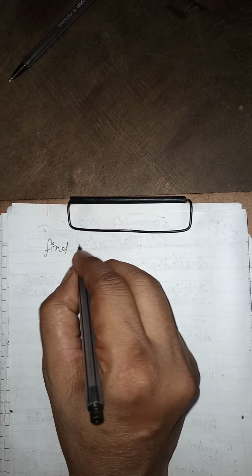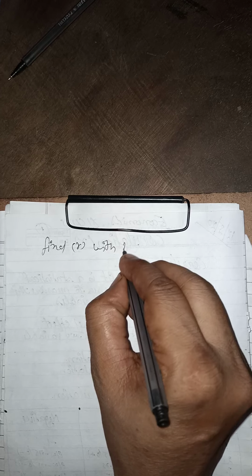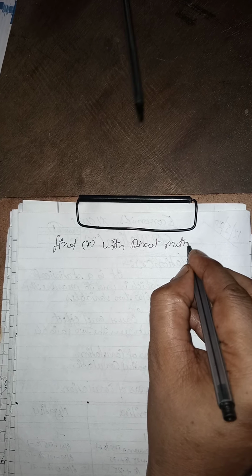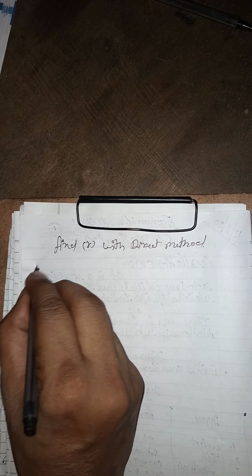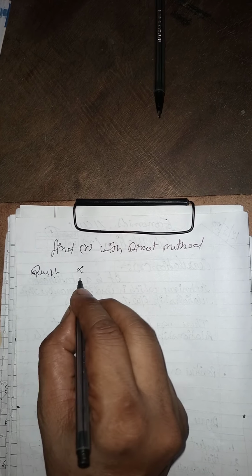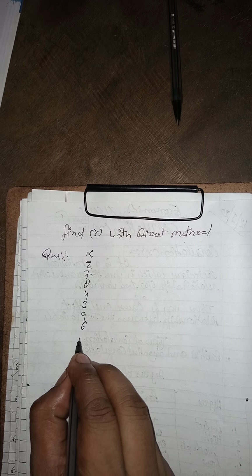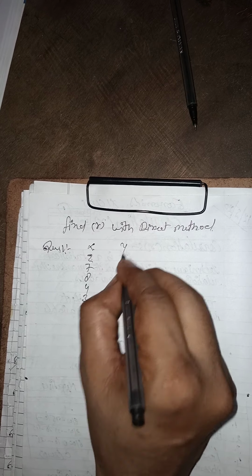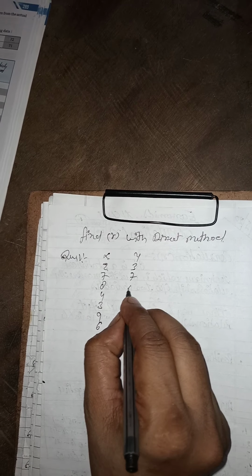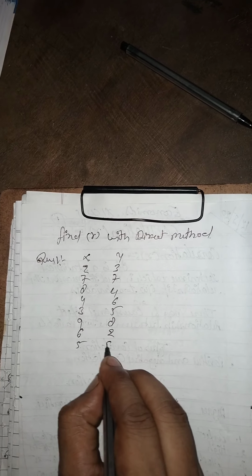Find correlation with direct method. That's question number 1. X series given: 2, 7, 8, 4, 3, 9, 6, 5, and that's y series: 7, 3, 7, 4, 6, 5, 8, 2, 9.